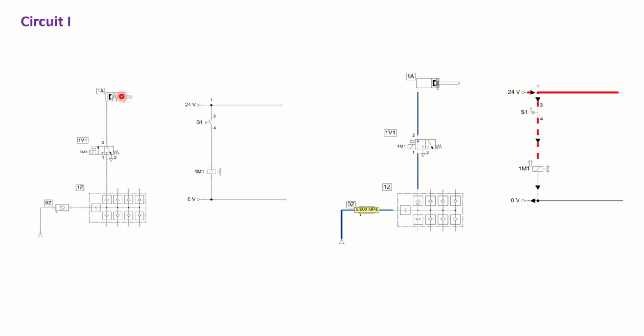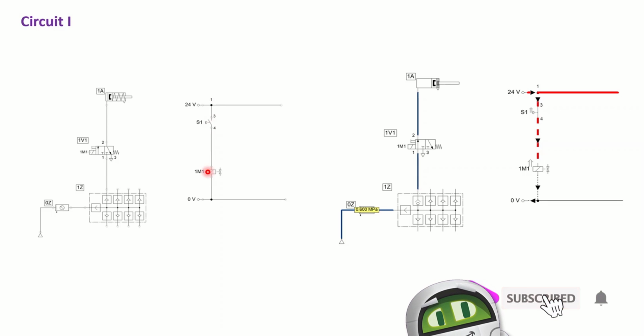And the question is how this retraction can happen. It is because of the spring return that we have here. If you release this, the current cannot pass through this line anymore, and this is not going to be energized anymore.